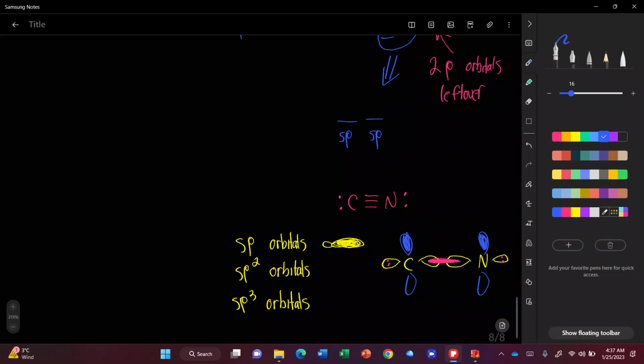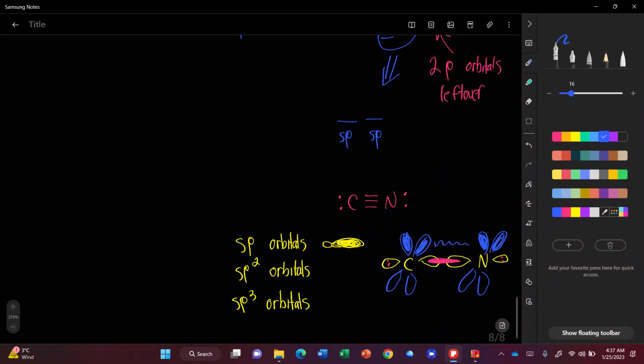When the two p orbitals interact with one another, you get a pi bond. Both the carbon and the nitrogen also have the pz orbitals left over, and therefore you get a second pi bond. That's why something like CN, really anything that's sp hybridized, is capable of forming two pi bonds.